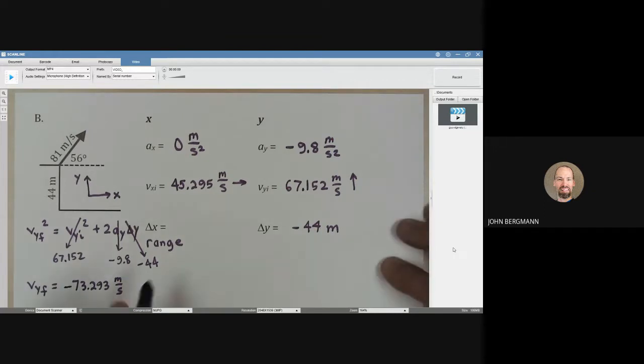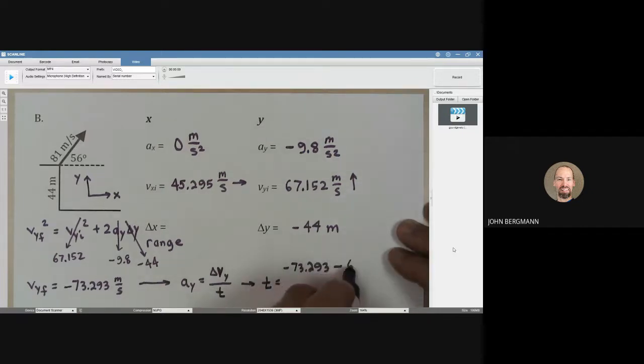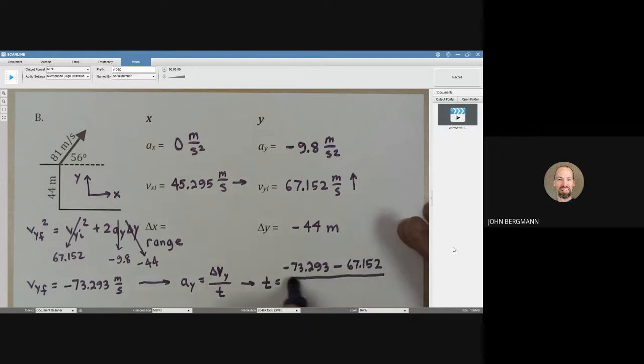Now, why is that useful? It's useful because the acceleration in the y direction is equal to the change in velocity in the y direction divided by time, which means that the time is equal to the change of velocity in the y direction, negative 73.293 final minus initial velocity in the y direction, divided by negative 9.8.